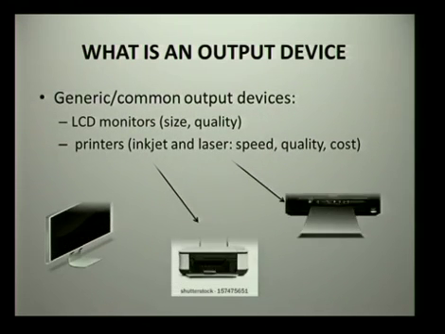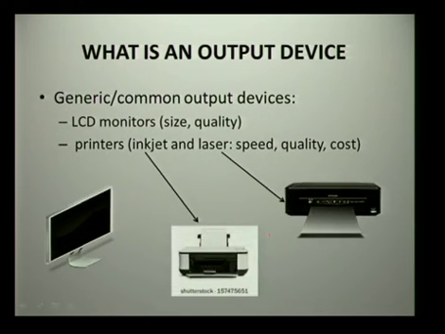These devices, the most common ones, would be your screen and your printer. Firstly, if you look at the screens, the screens that we normally use nowadays are LCD monitors. In the olden days we used to have CRT monitors. With LCD monitors, what is important is the size of the screen.